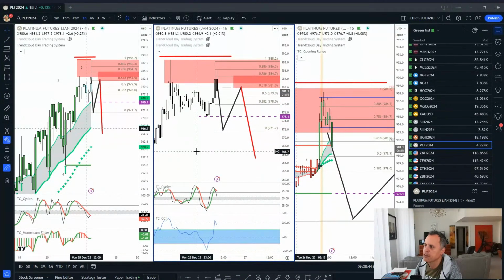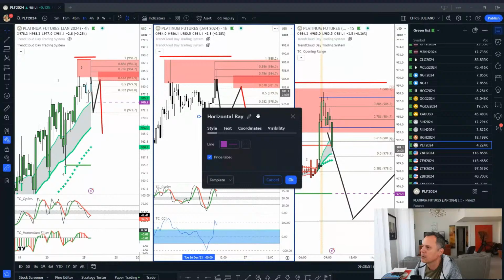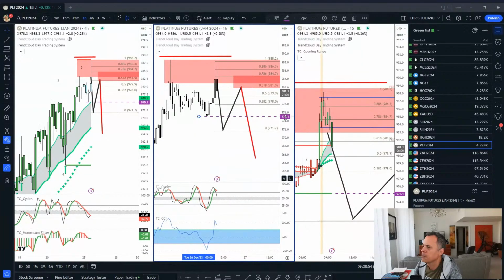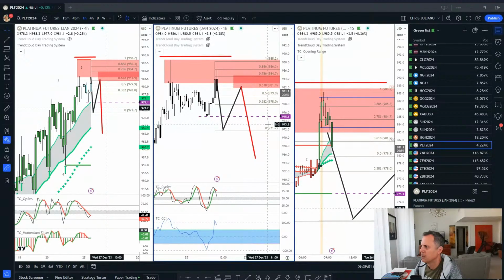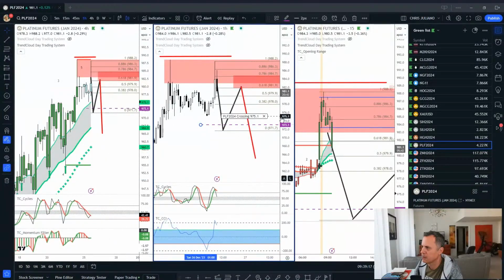I'll leave that on the chart in case that's what happens. So let's set an alert right here. Add alert. Come on, alert. Where are you? Add alert. Why is my alert not working? Is it because of this line? Oh, there we go.